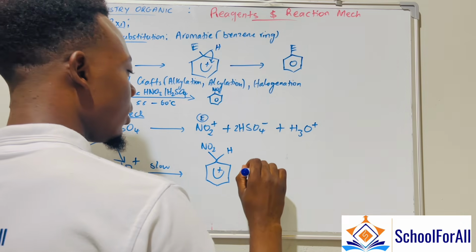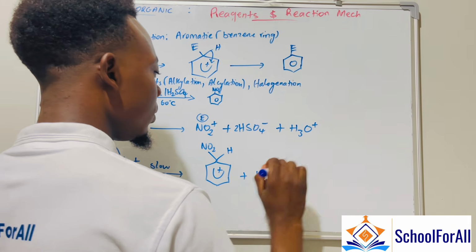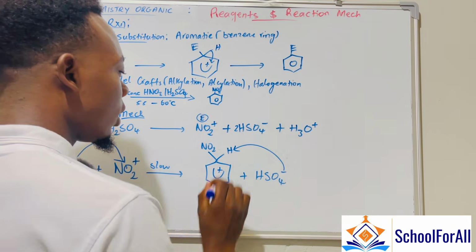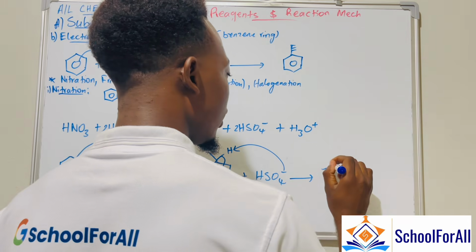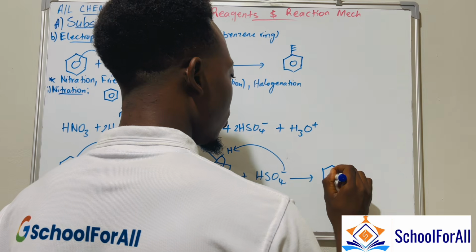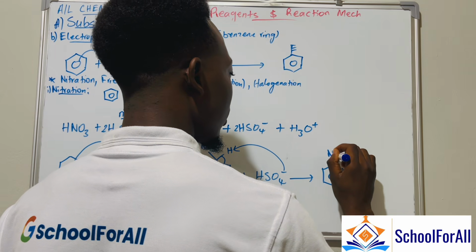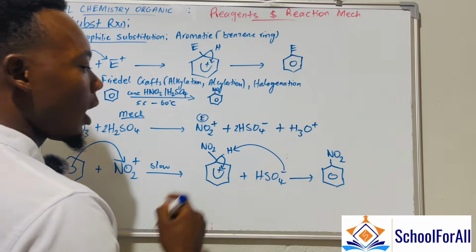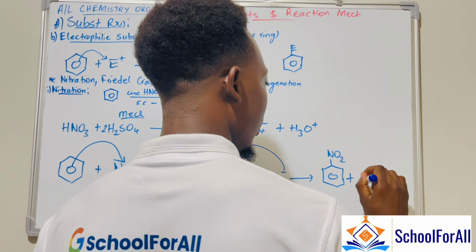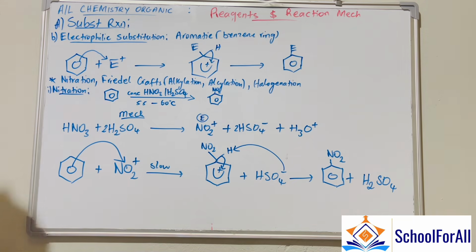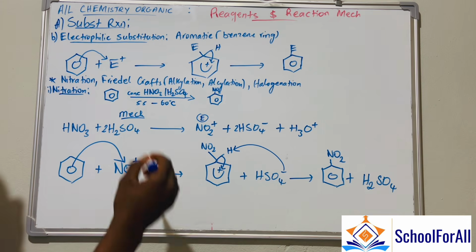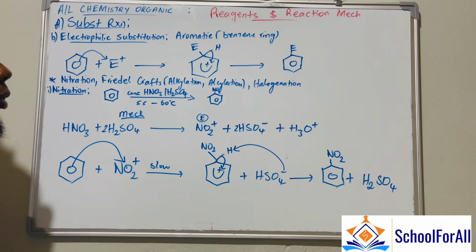Then this other species will come and remove the H, and this bond will be stabilized. Finally I form my nitrobenzene, and of course sulfuric acid will be released back. So this is the mechanism of electrophilic substitution reaction. Very simple when you follow it like this.